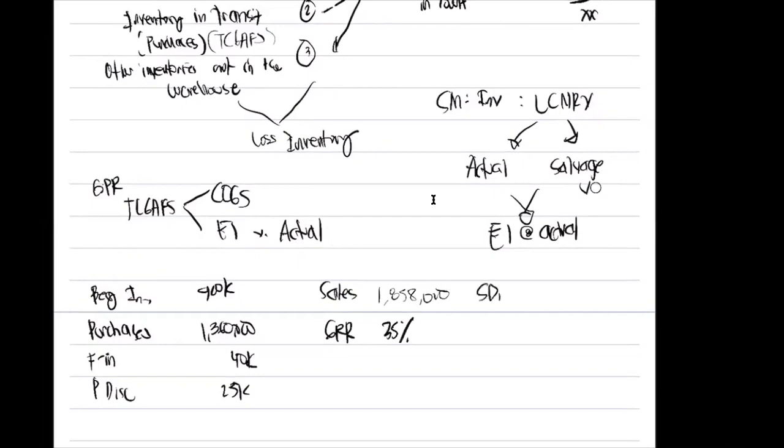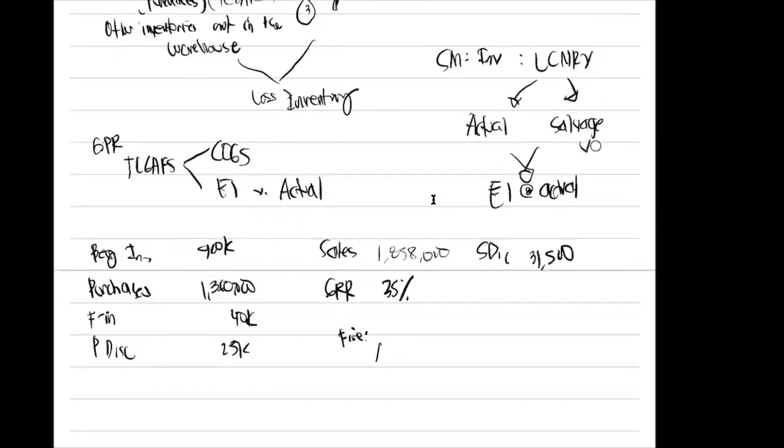Also, we have sales discount amounting to 31,500. And there was a fire. The actual inventory, not damaged, has a value of 170,000. And we have your damaged inventory at salvage value. Let's say it can be sold at 145,000.